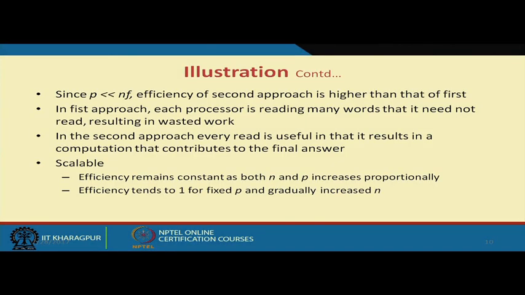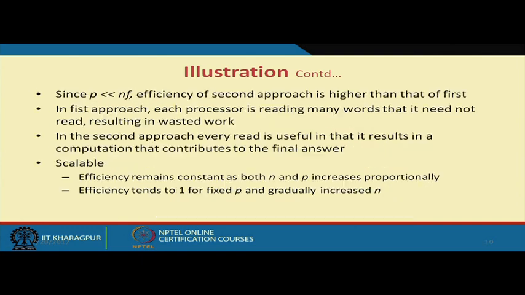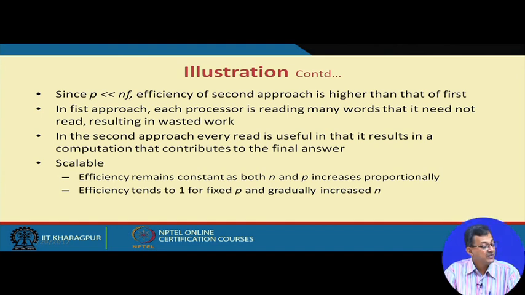Here, if p is many times less than n f, then this term will tend towards 1, and it can be seen that the efficiency is much higher. In the first approach, there is a typo, it should be read as: in the first approach, each processor is reading many more words than it needs to read, resulting in wastage of time, right.